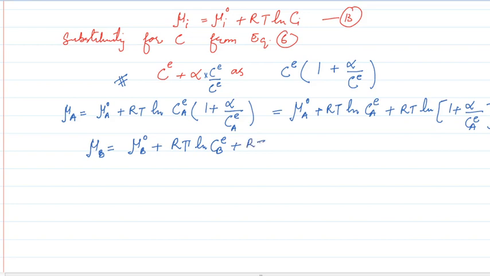So we will write simply RT ln of 1 plus alpha, suppose here it is alpha A, so here it will be alpha B upon CB equilibrium. CB equilibrium, so this is equation 15.